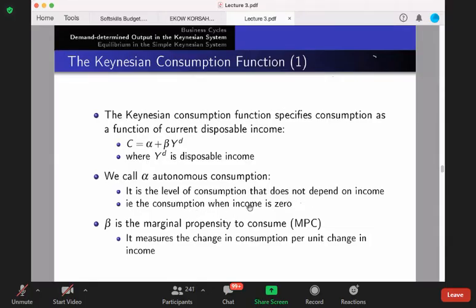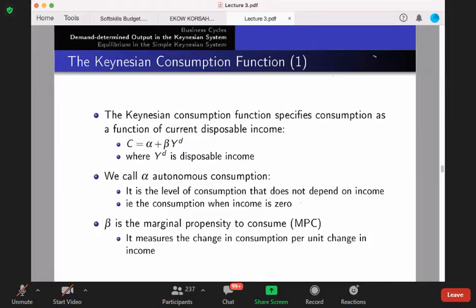Consumption when income is 0 is this alpha. And then the beta that you see here tells you what happens to consumption if your disposable income changes by, say, a unit. It measures the change in consumption per unit change in income.